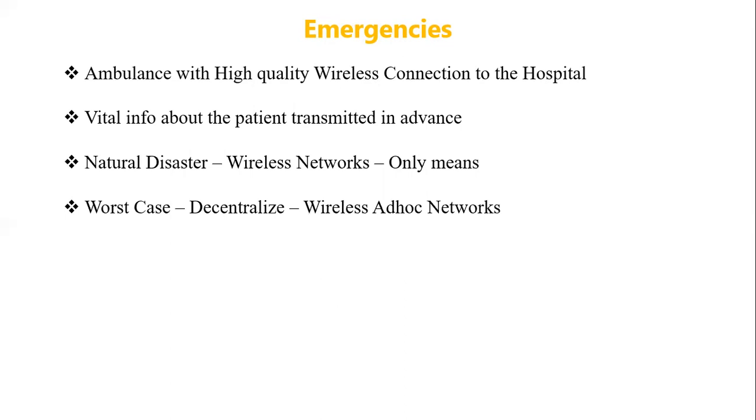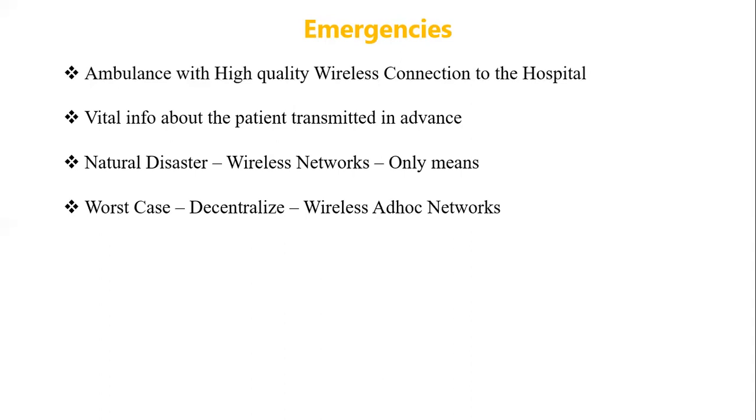And the worst case scenario is, assume the disaster is so severe that no telephone networks are working. That means any wired network is not working, and cell phones are also not working.